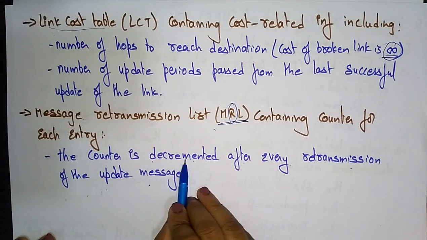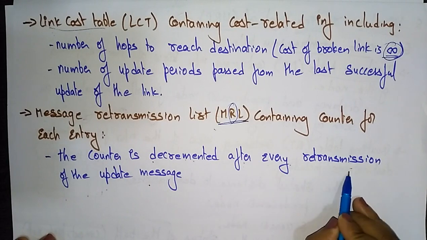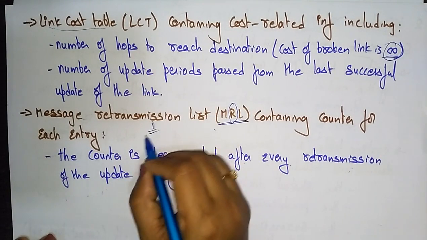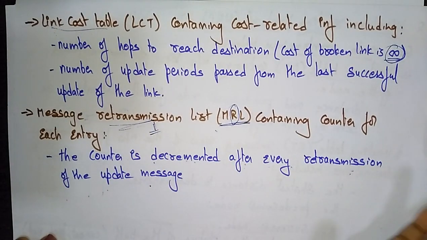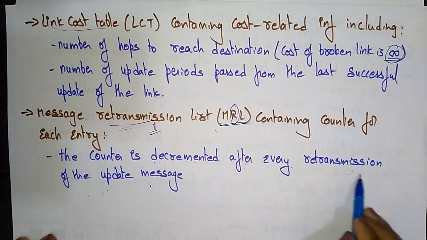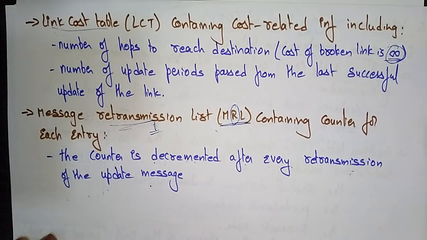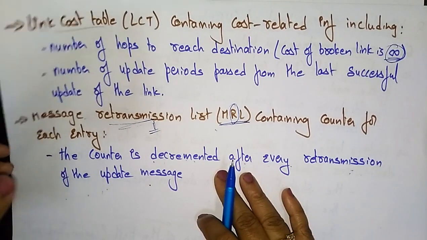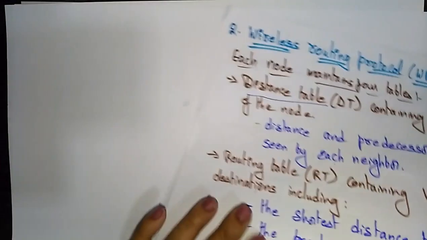Retransmission occurs whenever the link is broken. Whenever the path is broken, only then will retransmission be done. So the counter is decremented after every retransmission of the update message. These are the main 4 tables present in the wireless routing protocol.